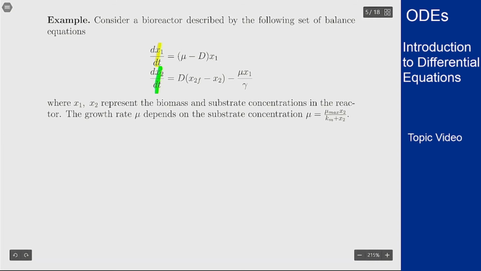So x1 here depends on x1, but the change of x2 also depends on x1, and it turns out this mu coefficient here depends on x2 as well. So x2 is also here, here, and hidden up in here. These two things don't develop on their own, they develop together, and that gives rise to a system of differential equations, which is more complicated to solve, but we'll develop techniques to handle these over the course of this semester as well.